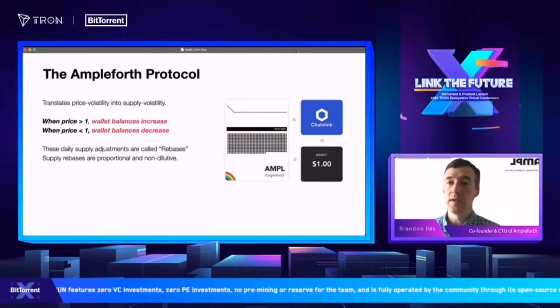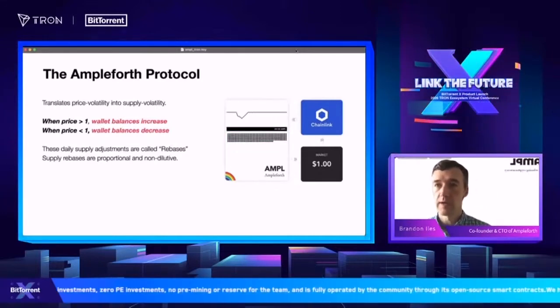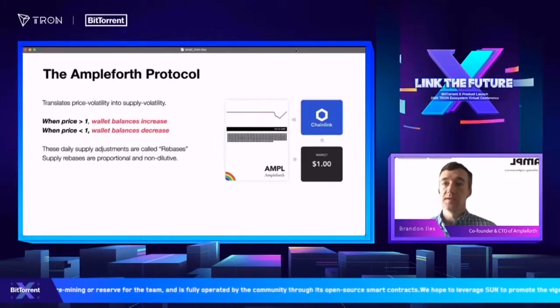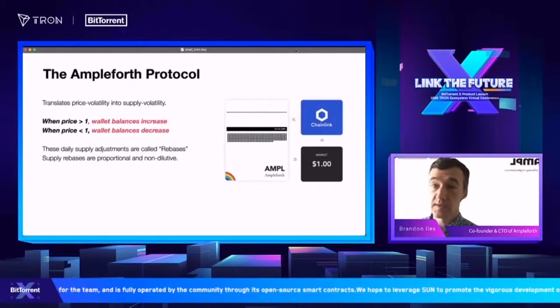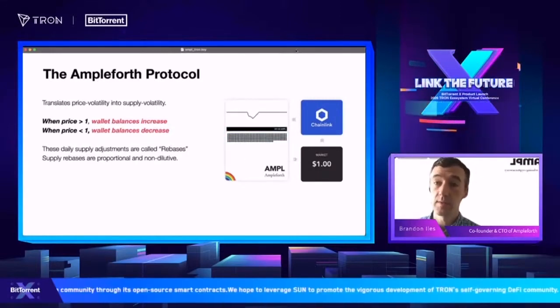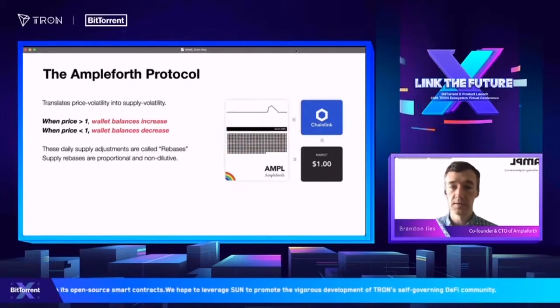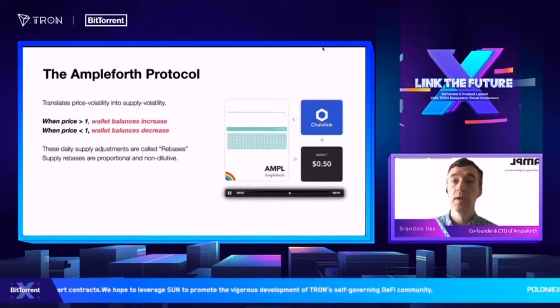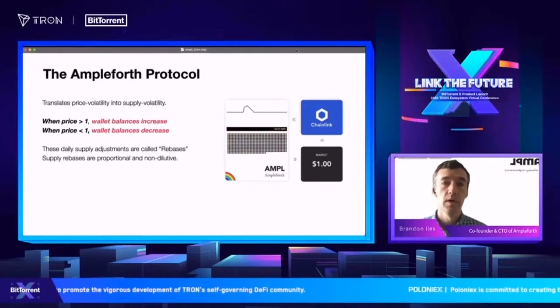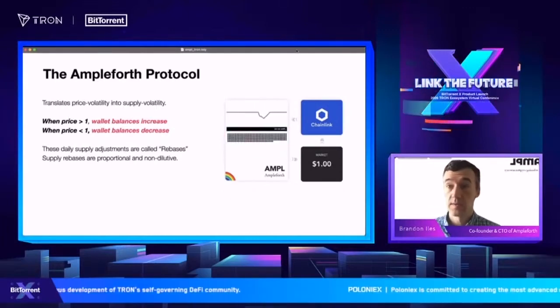When the 24-hour volume-weighted average price of Ample is above the price target, it means there is not enough supply to meet demand, so we increase supply. And when the price is below the target, we decrease supply. You can see that in this simple animation here. Effectively, that seeks to shift volatility from unit price to unit count.